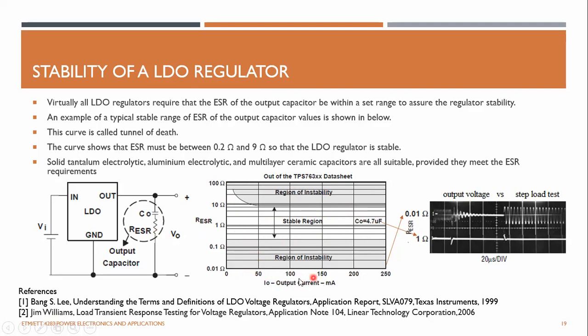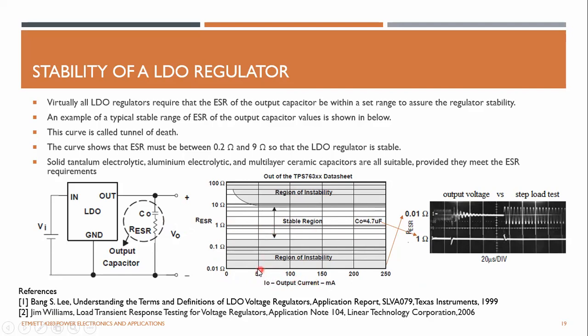If your regulator is working over the whole load current range from 0 to 250 milliamps, your ESR should be in this region. When you buy capacitors, the ESR is mentioned, so you have to check the capacitor datasheet for the ESR value. If your selected capacitor has 1 ohm, then whatever load current you connect here, your system is stable.